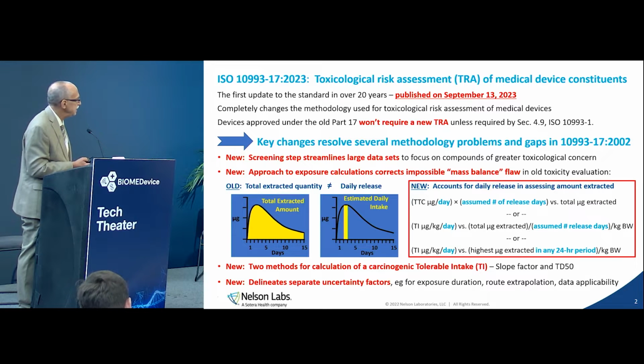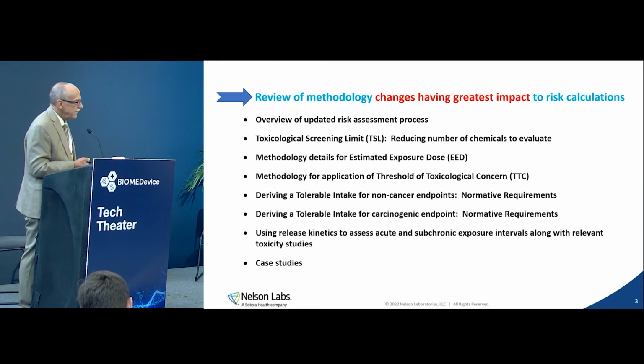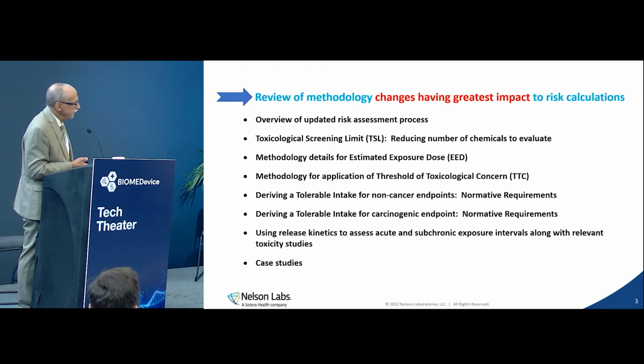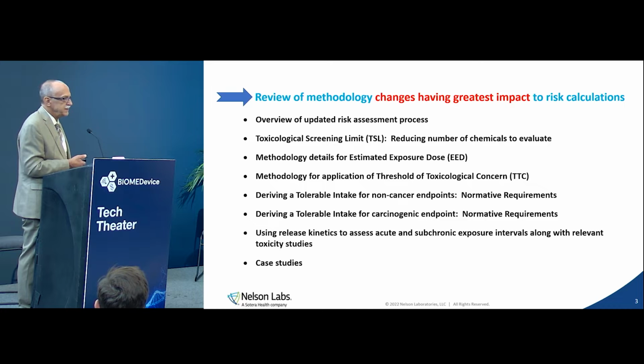The topics that I'm going to cover here are: an overview of the new process; the toxicological screening limit to reduce how many chemicals you have to evaluate; methodology for estimating the exposure dose to the patient from the chemistry data; methodology for application of a generic threshold of toxicological concern; and deriving a tolerable intake from literature for non-cancer endpoints.